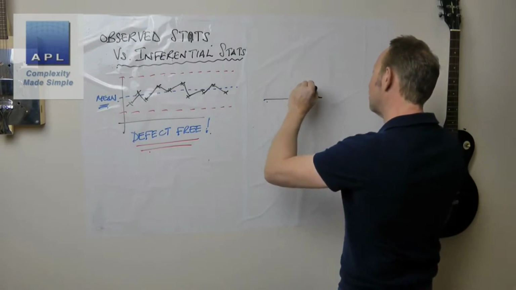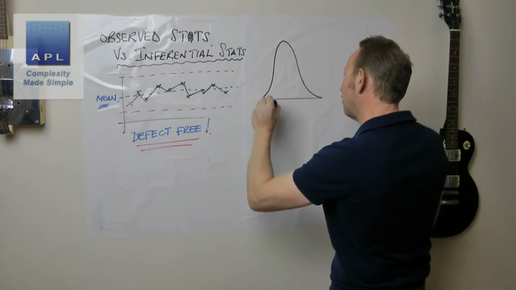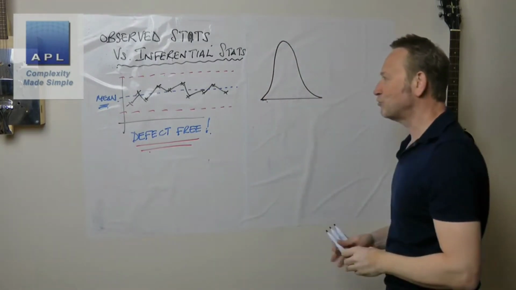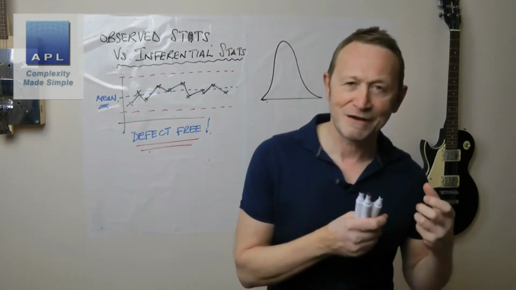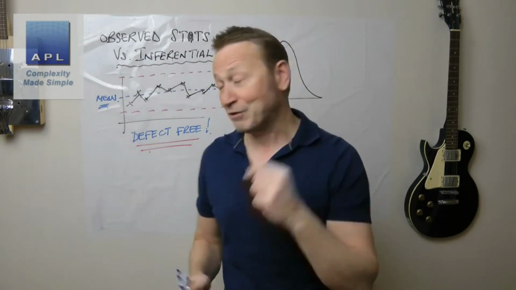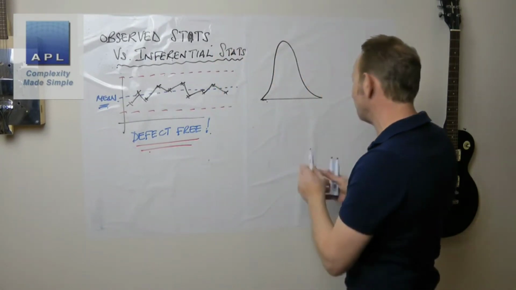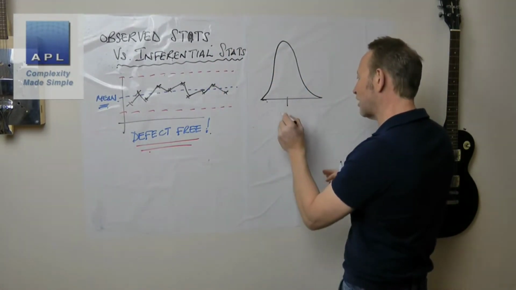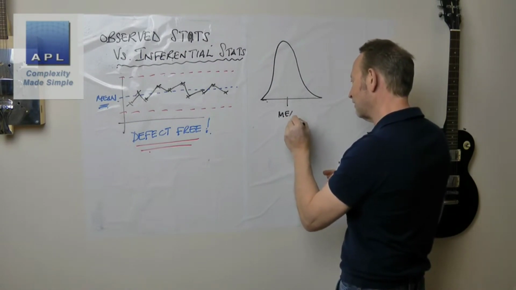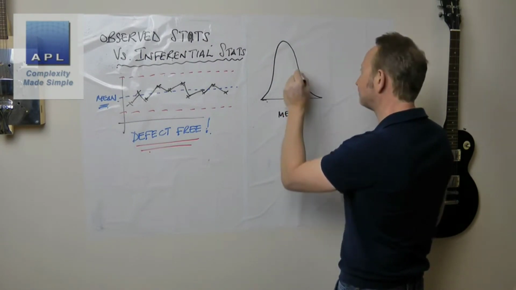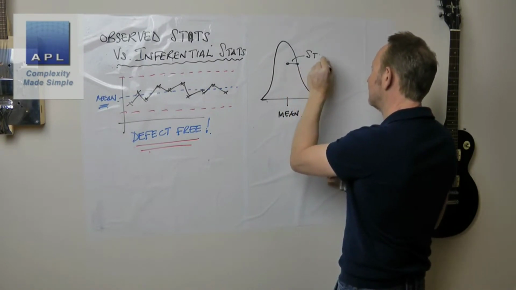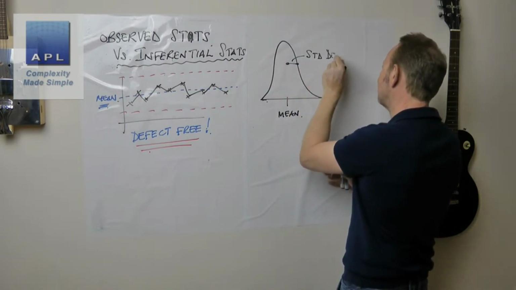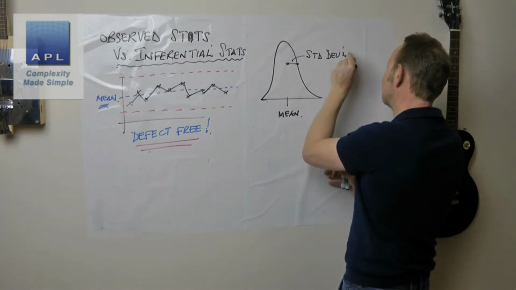So let's turn this thing around and look at it from the point of view of a different pattern. Look at it from the point of view of a distribution rather than individual data points, and did they pass and fail. Now, of course, in order to get this distribution, we need some summary stats. We're going to need the mean, and we're going to need the spread, the standard deviation.